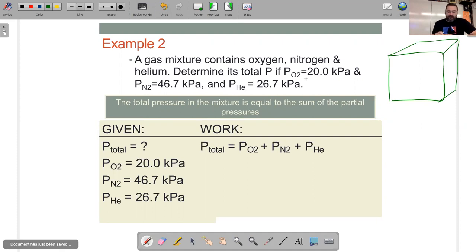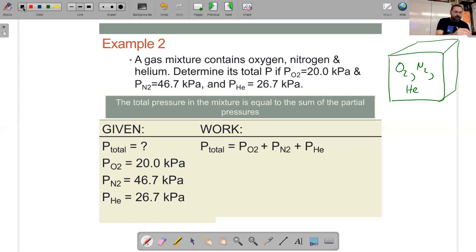There's oxygen, and the pressure from the oxygen is 20 kilopascal. There's also nitrogen, and then there's some helium. Each of those gases is in a different proportion and concentration in the total sample of gas. The partial pressure of oxygen is 20, nitrogen is 46.7, and helium is 26.7.